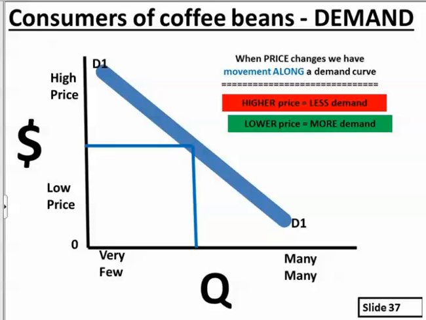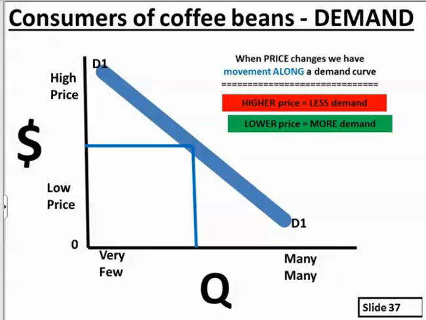Okay, so we know that there's a certain amount at a certain price, and if we were to lower the price, like we saw with the gasoline, people are going to buy more. They're going to demand more. If the price goes higher, they're going to demand less. And we call that movement along the curve. What controls that is the change in price.